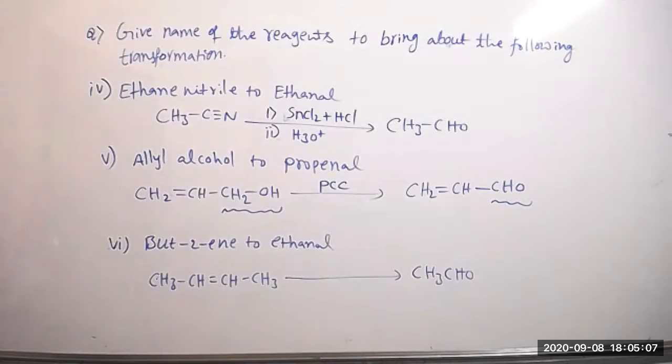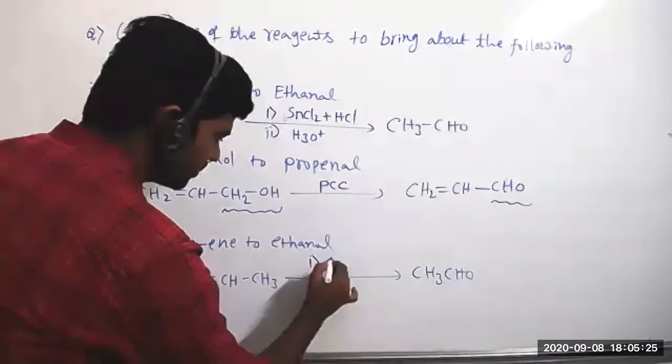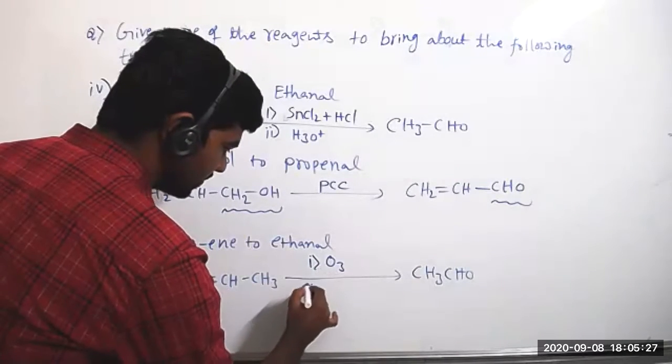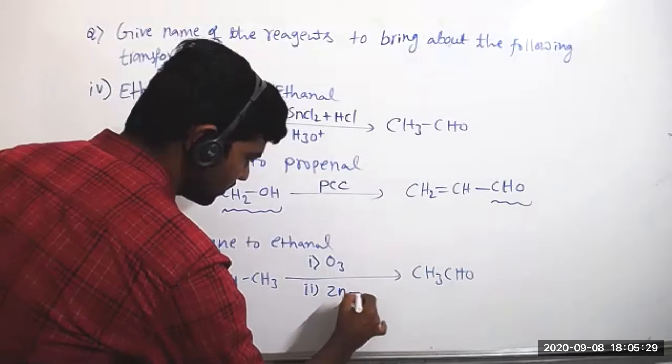Banu? Sir, ozonolysis. Very good. Ozonolysis followed by treatment with zinc and water. It gives ethanal, correct. First treated with ozone, it gives ozonide. Then treat with zinc and H2O.